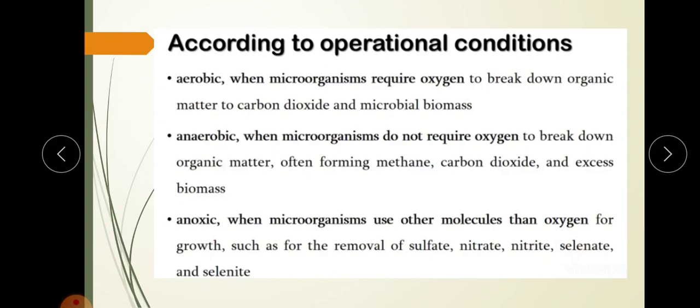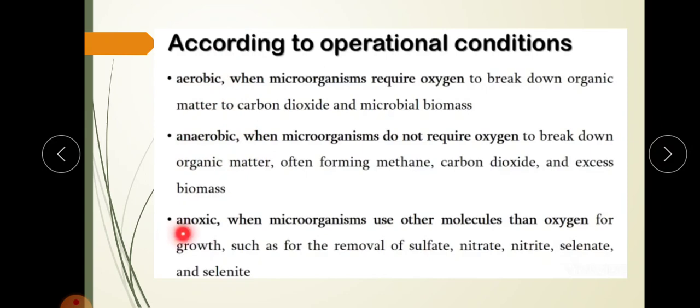Aerobic means microorganisms require oxygen to break down organic matters into carbon dioxide and microbial biomass. That is, if the process takes place in the presence of oxygen, it is known as an aerobic process. Anaerobic means microorganisms do not require oxygen to break down organic matter, often forming methane, carbon dioxide and excess biomass. That is, in the anaerobic method, the process takes place without the presence of oxygen.